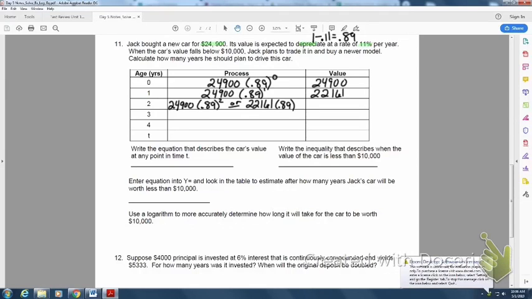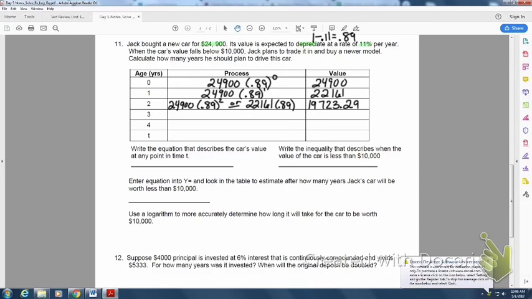Both those are doing the exact same thing. The second one will really only work in this situation where you're doing it year by year. You're kind of going down the line. If I was just to ask you after 2 years what would it be worth, then I would do the first way. And so whenever you do that, you get $19,723.29.